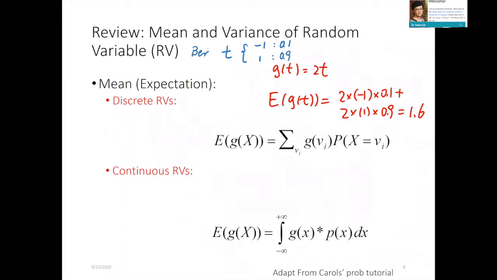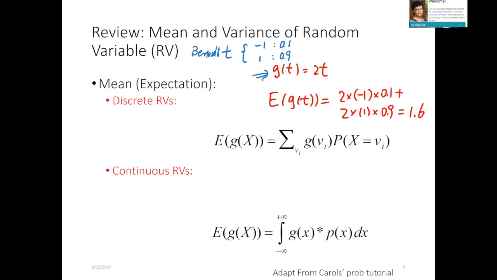So then I can actually calculate its function's expectation. In this case, I'm just treating this function as g, a g(t) function, which is 2t. Then how could I calculate the expectation of 2t? Very simple.